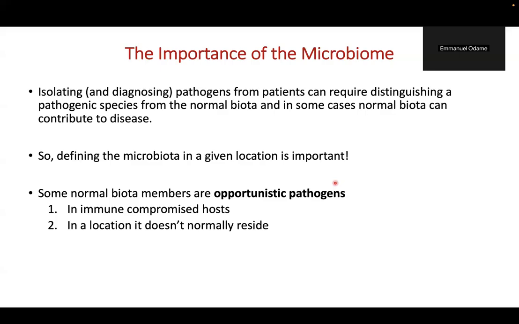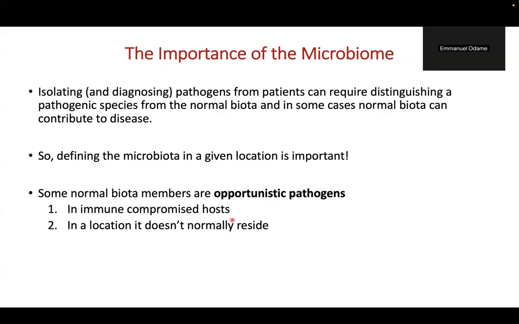And something that I want to point out is that some of these gut microbiota, the normal biota, are opportunistic pathogens. Basically, they are more present and more active in an immunocompromised situation.